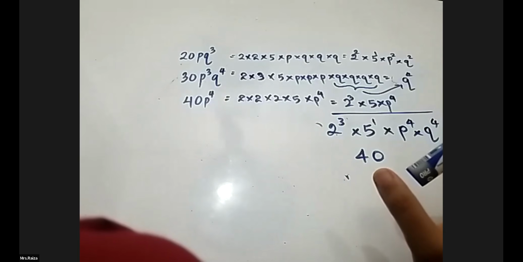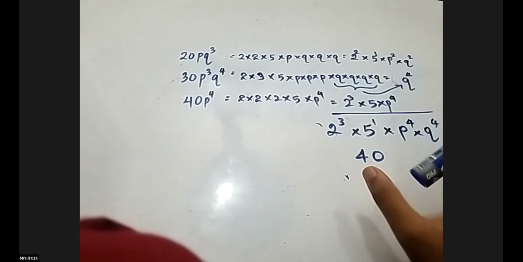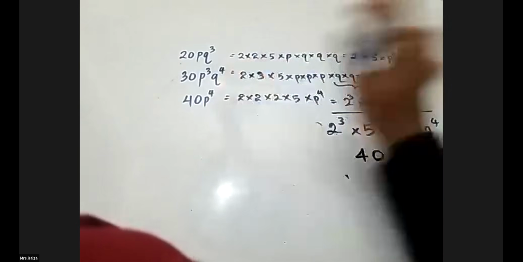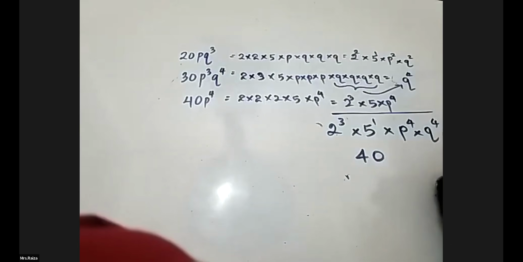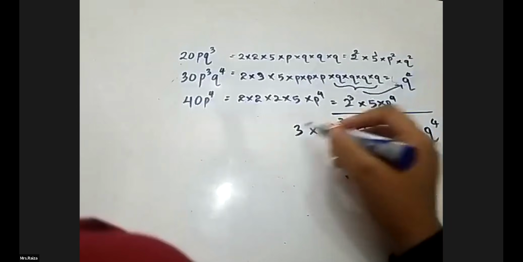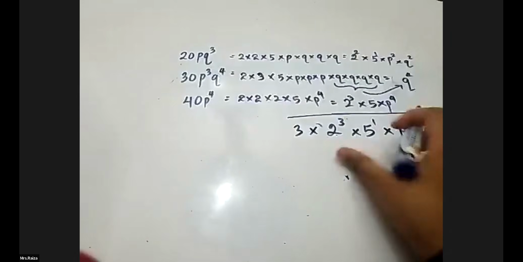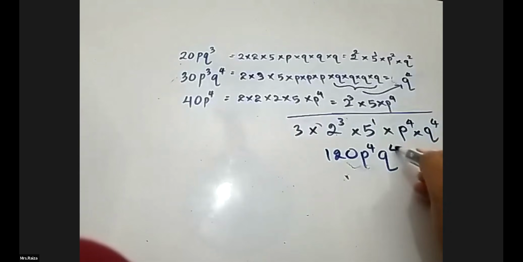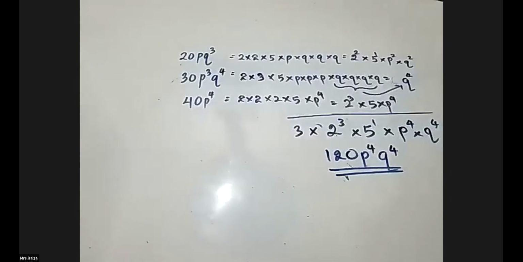Oh, right. I missed number 3, because I didn't write it here. Now I'm getting 40 into 3, 120, p to the power 4, q to the power 4.